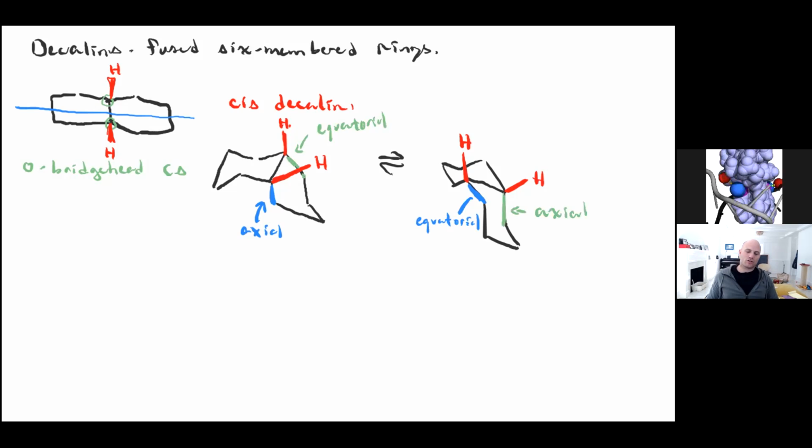You can build a model of these if you're unsure, but essentially, because you have the cis fusion, the second ring does not prohibit a chair flip. And if you draw an enantiomer for one of these isomers, what you'll see is that by doing that chair flip, you get to the same compound.